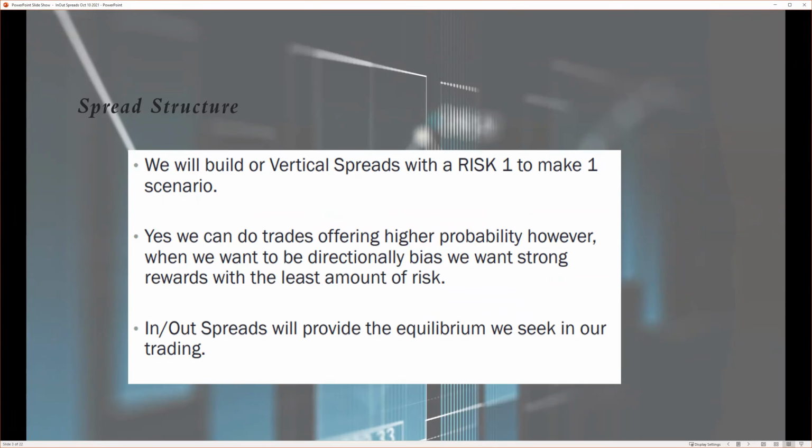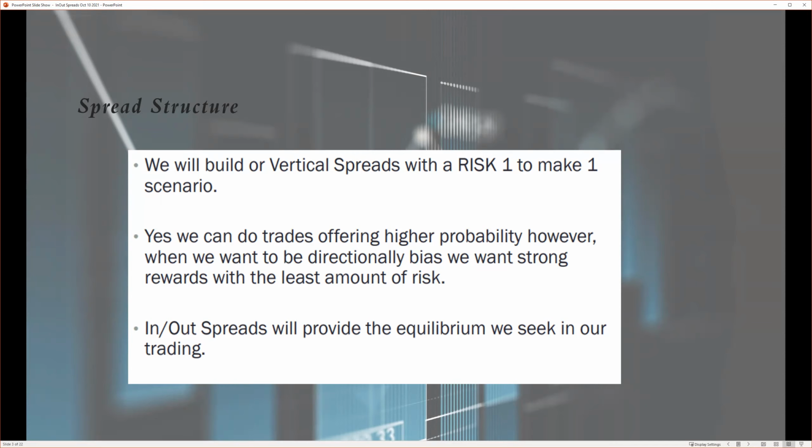In this case, since we're taking an edge in that it's a high probability trade, the risk is 1 to 1, and we can do trades offering high probability. However, when we want to be directional bias, we want strong rewards with the least amount of risk.